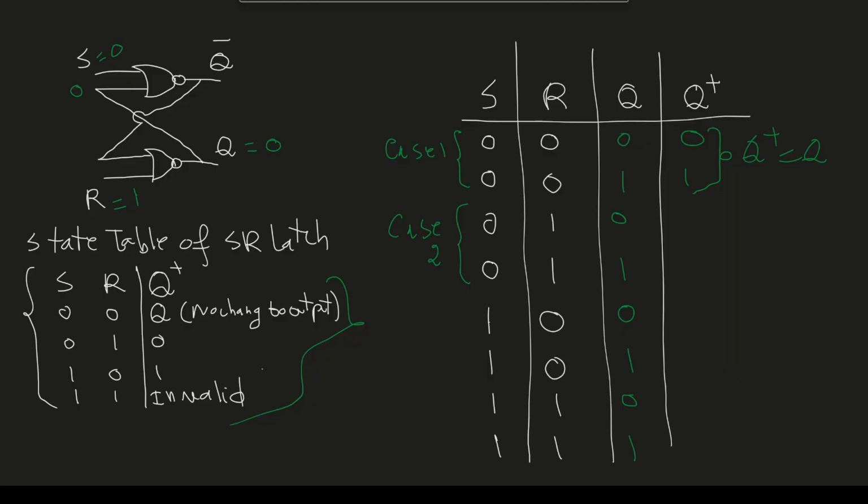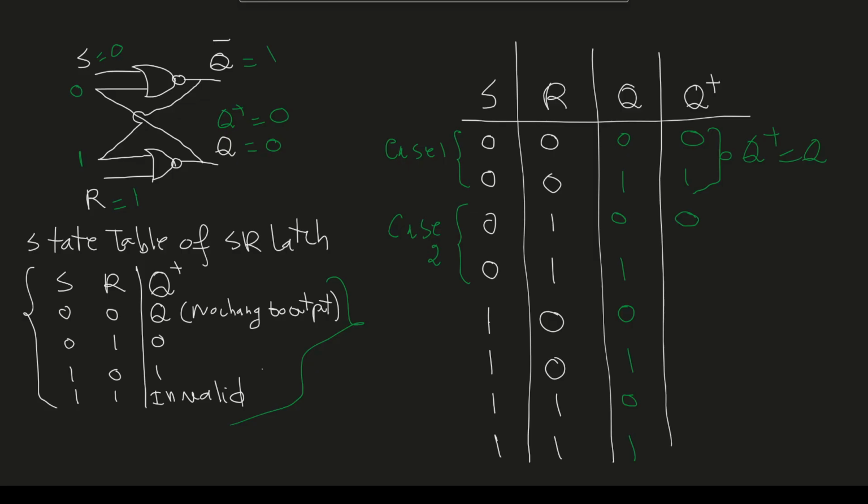So 0 NORed with 0, the output here will be 1. And then 1 will come here as another input for the bottom NOR gate. So 1 NORed with 1, the output Q plus will be equal to 0. So this is 0 here.